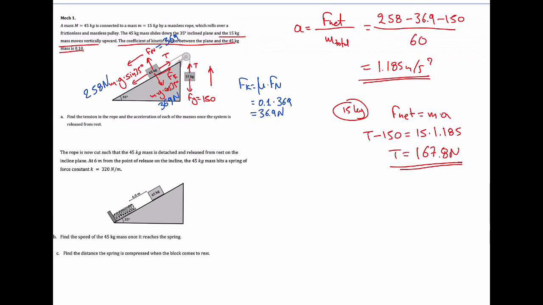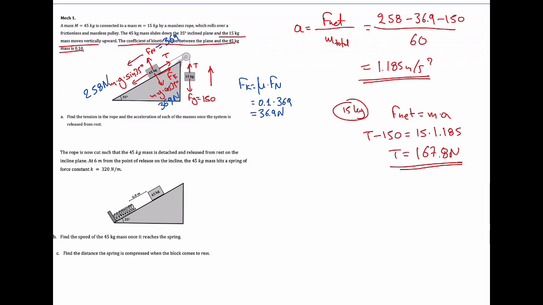Again, this part wasn't related to the part of energy, however, it's a good practice question. Now, we know that this 45 kilograms object is detached from the rope and it is released from rest on an inclined plane.